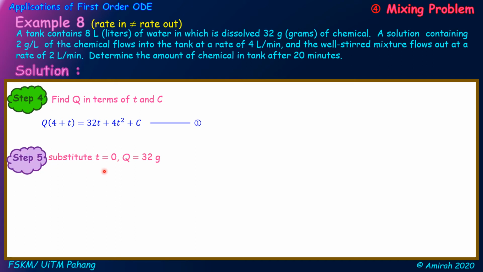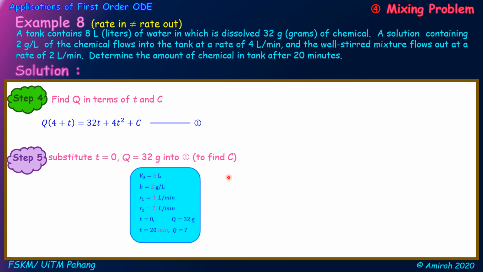We substitute t equals 0 and Q equals 32 grams into equation 1 to find c. From the given question in the first slide, we extracted all the symbols with appropriate units, and we get t equals 0, Q equals 32 grams. So now we substitute this information into equation 1 to find the value of c.